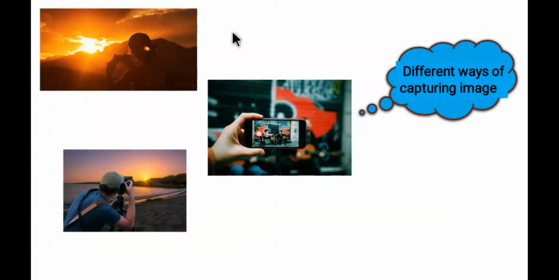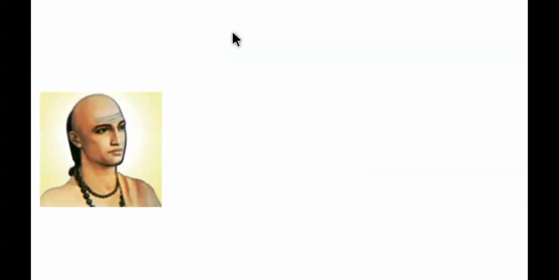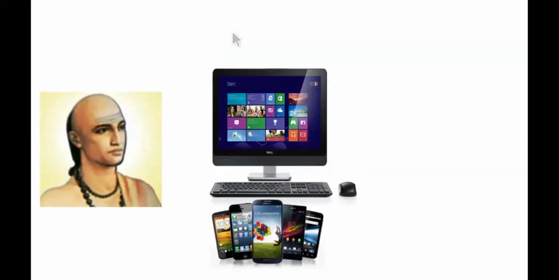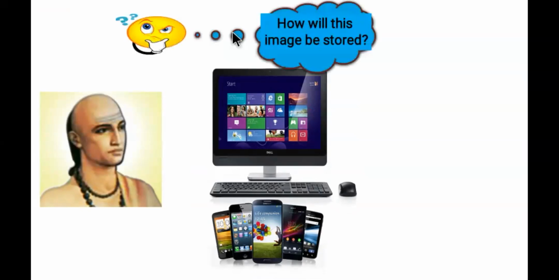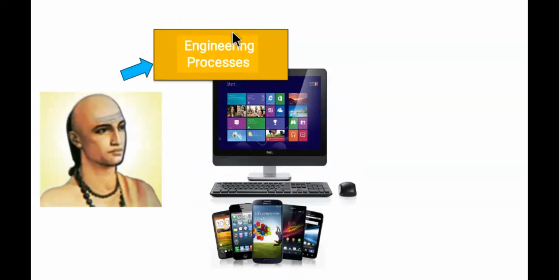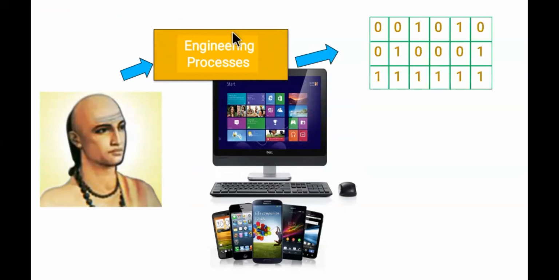So if you see, there are many different ways of capturing images, right? Suppose I consider one image, how will this image be stored in your computer, laptop, or mobile phone? Let's see how this will be stored. This particular image will go through some engineering process in the form of 1s and 0s. So an image will be stored in this form in your electronic devices, right?